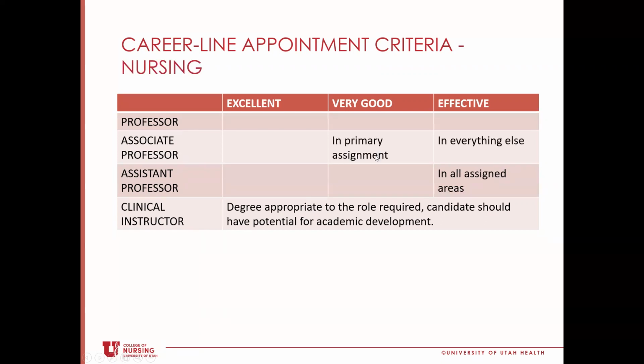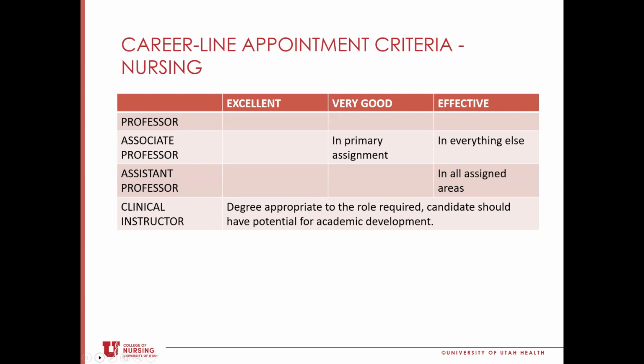In the College of Nursing, then, we start to use this "very good" category, where the expectation is that people's work has an impact beyond their immediate work group in the primary assignment. Again, that varies. It might be teaching, it might be investigation, it might be clinical practice. So it has some impact beyond the immediate work group, but maybe not far afield, and then effective in everything else.